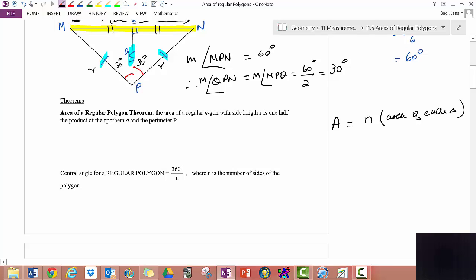And if you remember, if we take that one isosceles triangle, oh, this is horrible. So let's try this again.